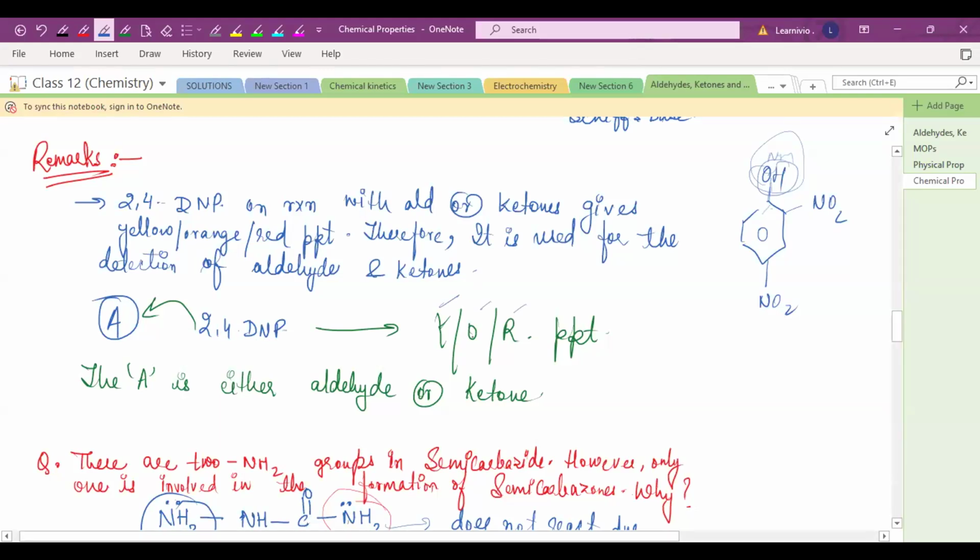When you get a yellow, orangish, or reddish precipitate, it confirms that sample A can be either an aldehyde or a ketone, meaning it is a carbonyl compound. So this test is for distinguishing carbonyl compounds from other compounds like alcohols, carboxylic acids, etc.